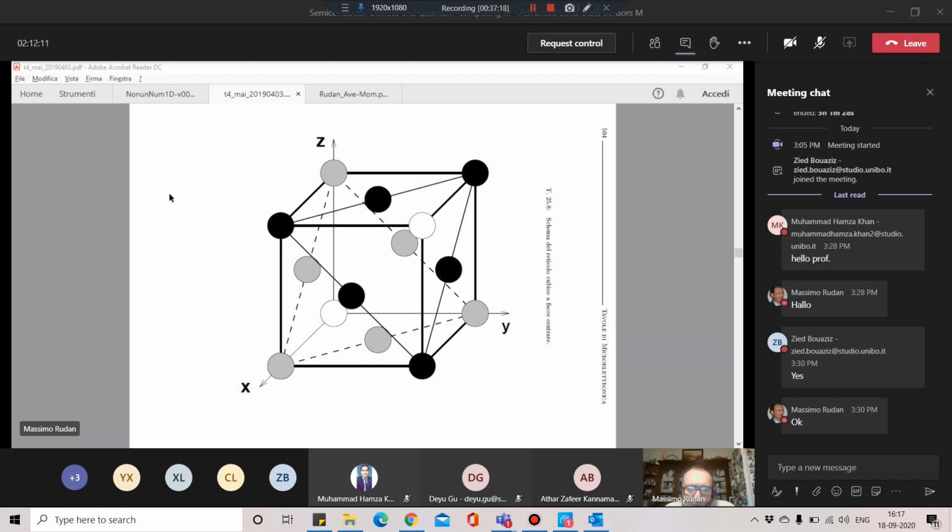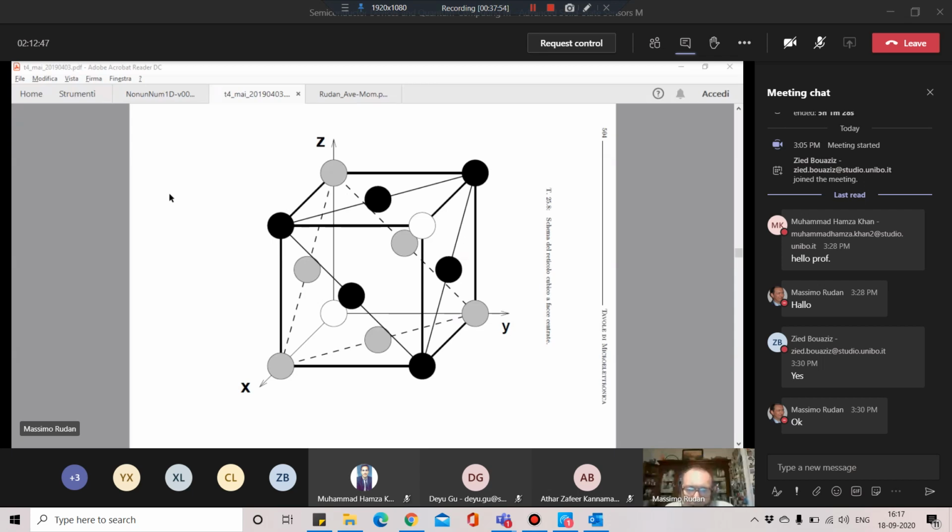What is the property of this FCC lattice? The property is that we have one atom at each vertex of the cube. And then we have additional atoms at the center of each face of the cube. If you think of silicon, the colors of the atoms have no meaning. These atoms are all equal to each other.